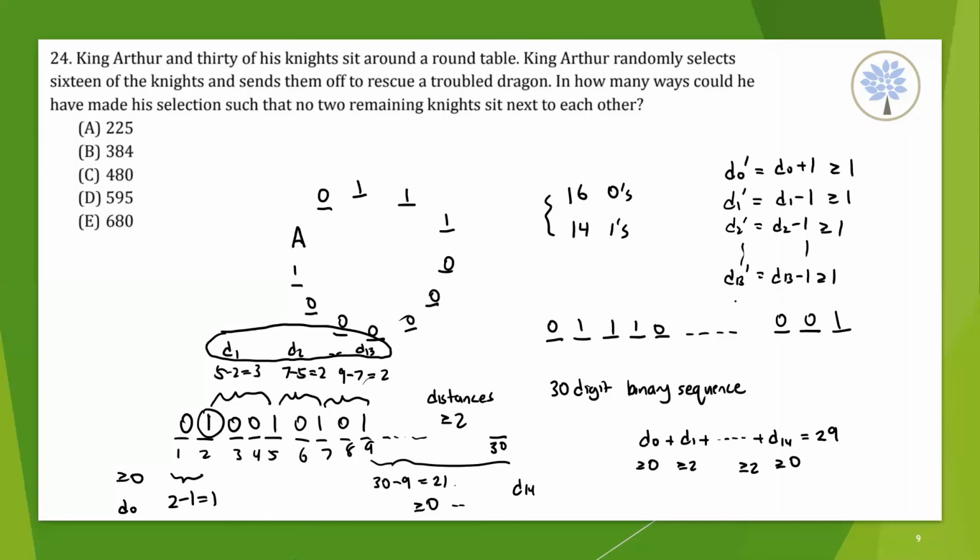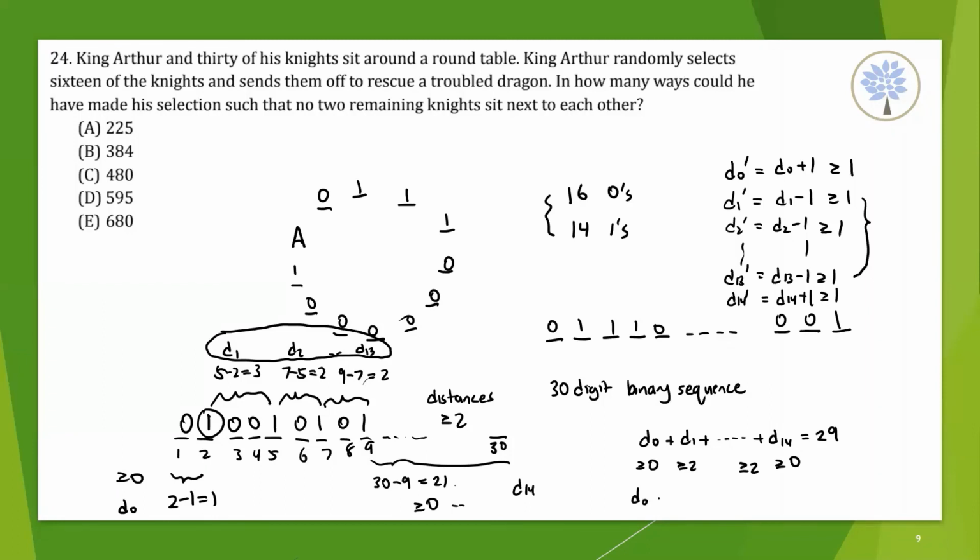And lastly, d14 prime would be equal to d14 plus 1, which is greater than or equal to 1. Notice that we used minus ones for d1 prime through d13 prime, and we used plus 1 for d0 prime and d14 prime. This is so that all of these numbers are now greater than or equal to 1.